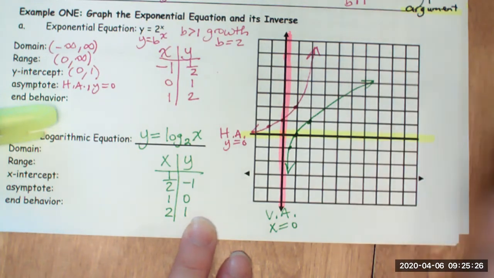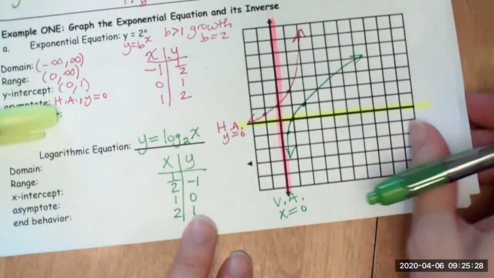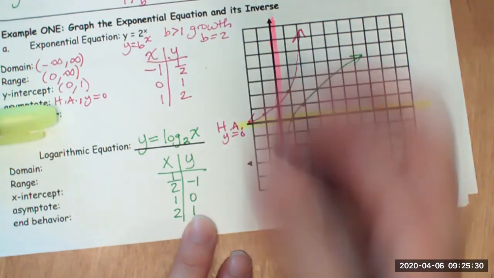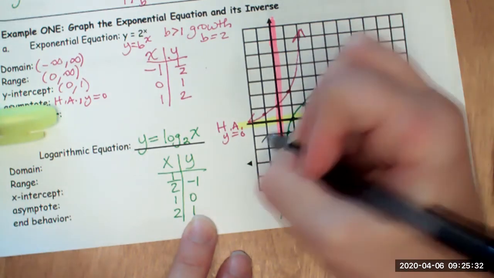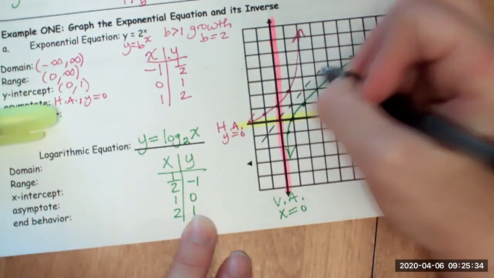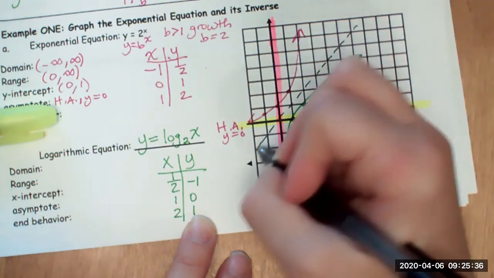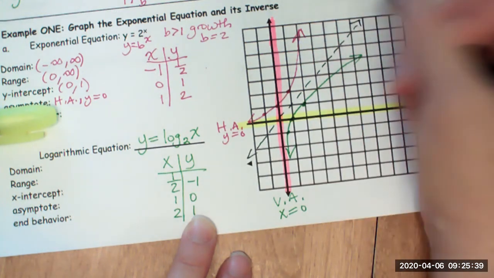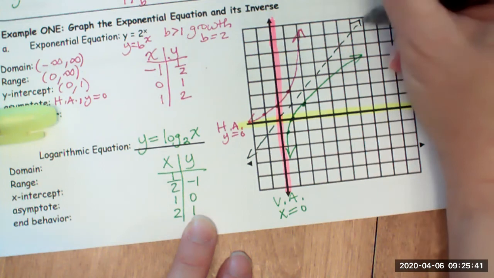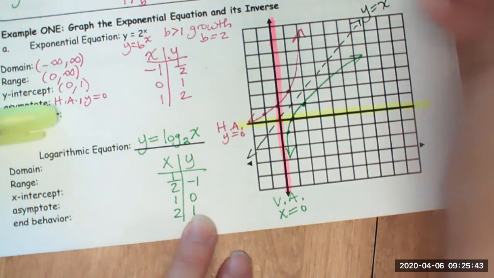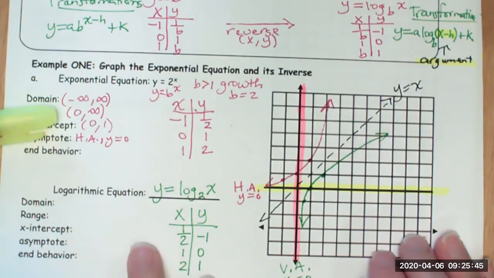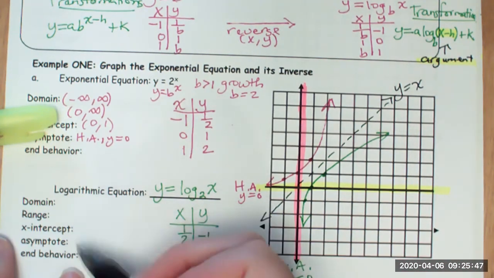And so you can see here, as we would expect, I can go ahead and graph the line y equals x, dash that right in here, and you can see those graphs are symmetric over that line y equals x.